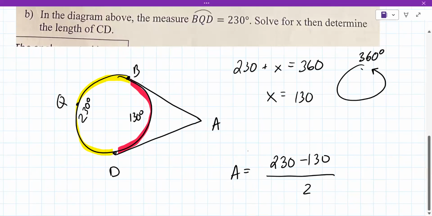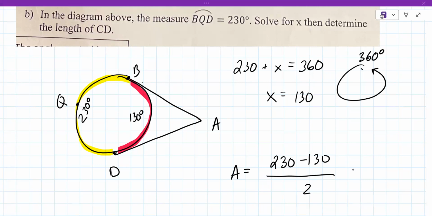Should I do that? Yes. That is going to be 50. Good.